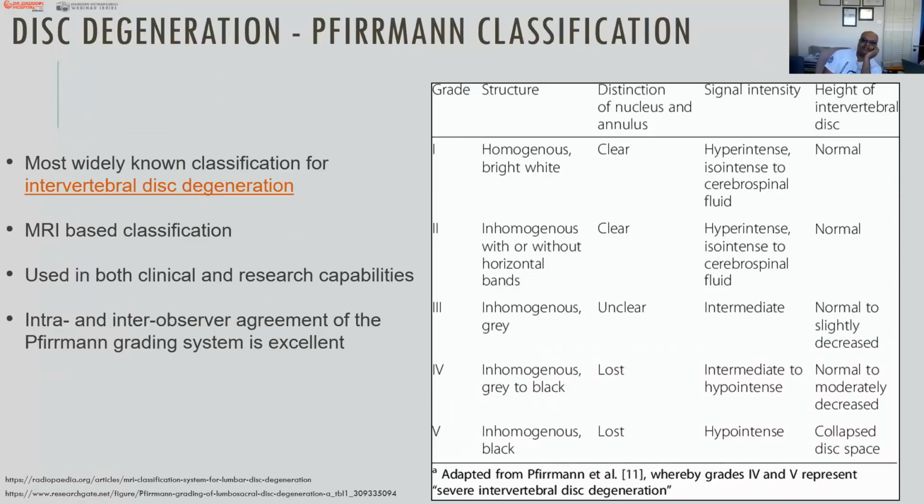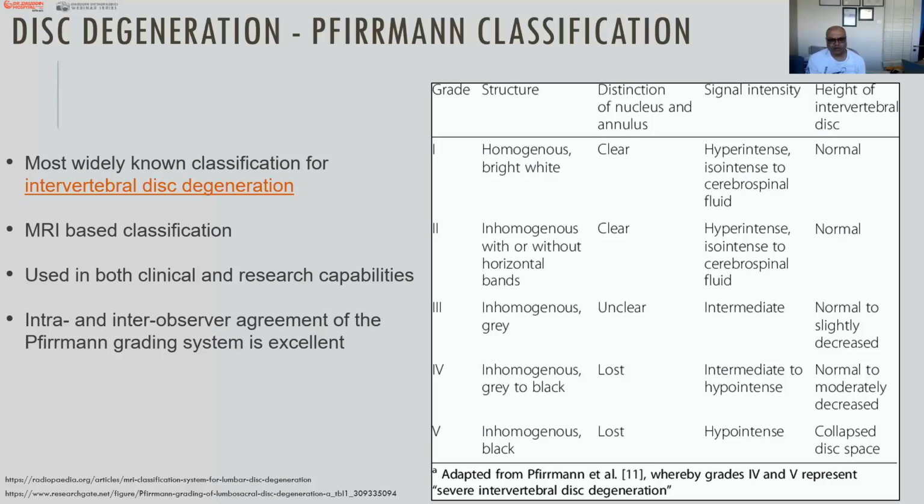How do we assess disc degeneration? The best tool for assessing disc degeneration is radiology, of which the MRI scan is the most appropriate tool. And Fuhrmann's classification was described in the 1990s. Fuhrmann was a German radiologist, and he divided them into 5 groups.